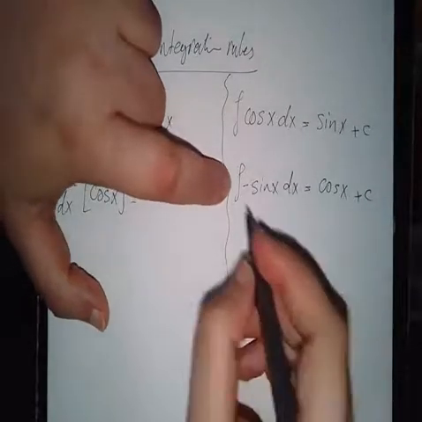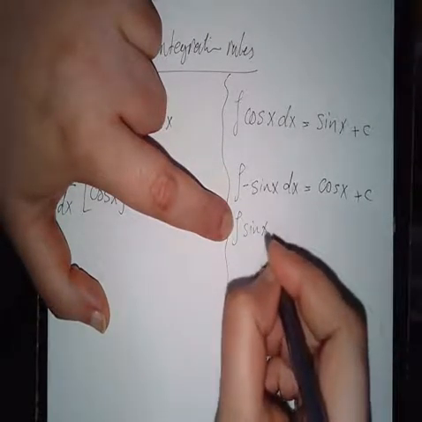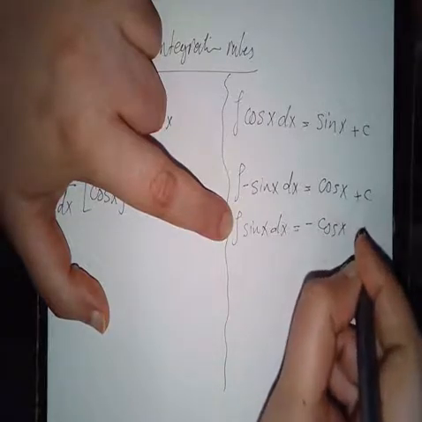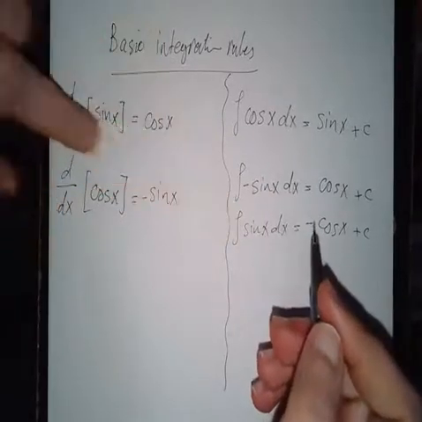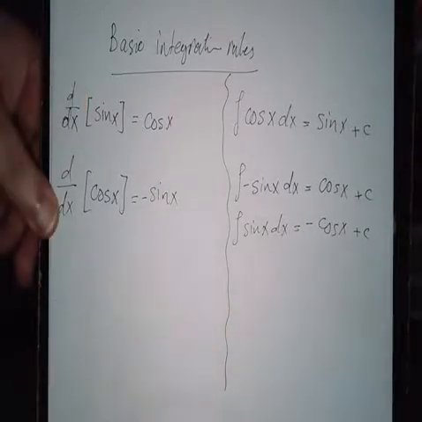Now had I not written this negative right here, so if I give you this instead, the integral of sine x dx would equal negative cosine x plus c. So how did that happen? Yeah? Okay.